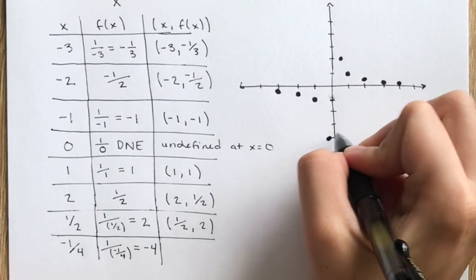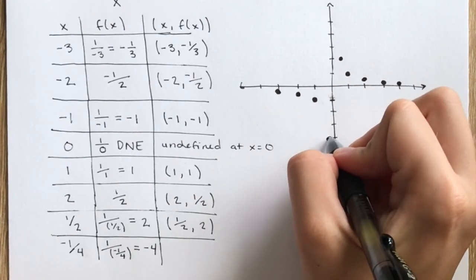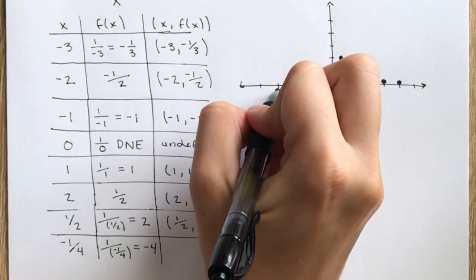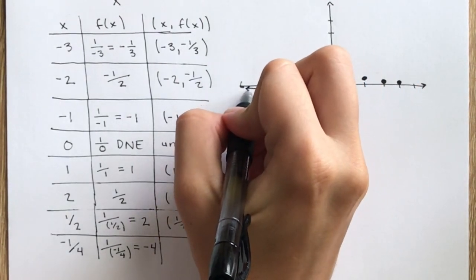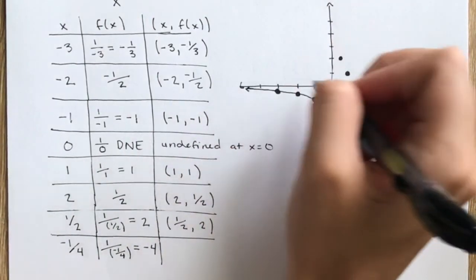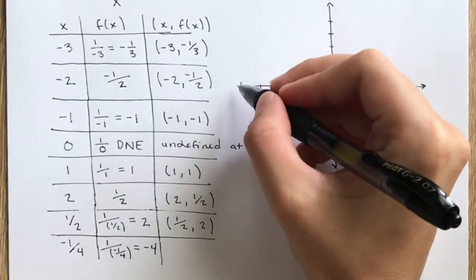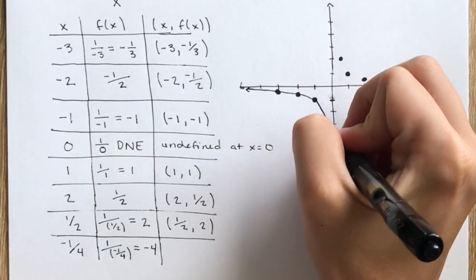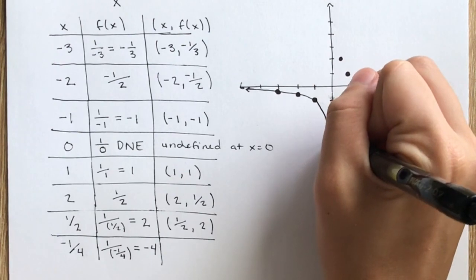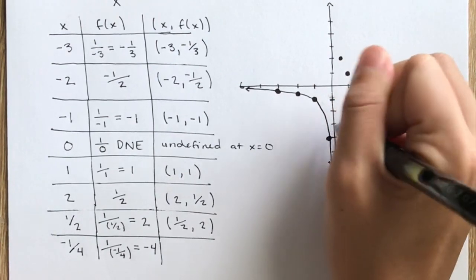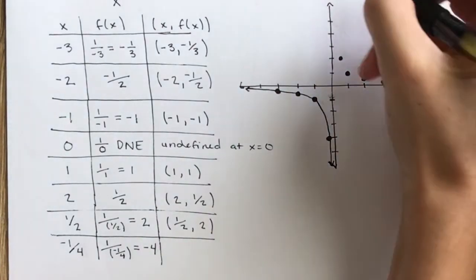So we are like here. So if I'm connecting these dots, again, we know that we're going to get really, really close to the x-axis over here as our x values get really small. And then it looks like we've got some sort of similar thing going on here where we're getting really, really close to the y-axis.